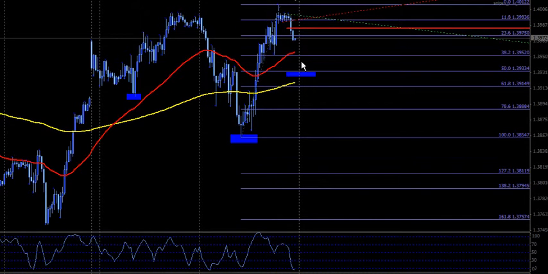Now, we have a left shoulder here on the 30-minute and a head, anticipating a right shoulder, maybe around the 38.2, maybe around the 50%, or maybe even testing the 200 EMA here at the 61.8.